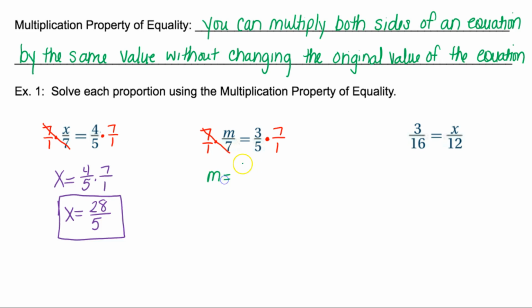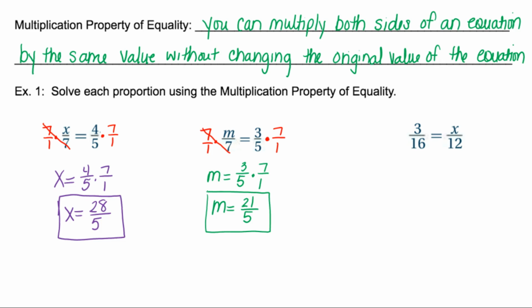So m equals 3 over 5 times 7 over 1. So m equals 21 over 5. And again, you can leave your answer like that, or in this case it would be 4 1/5 or 4.2.